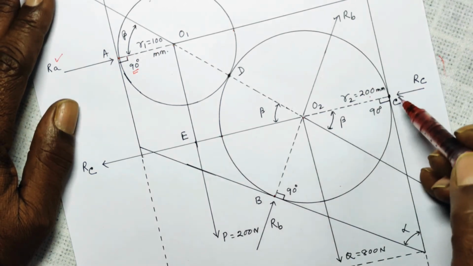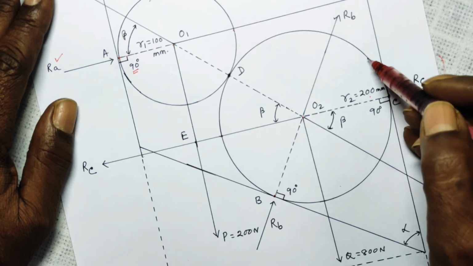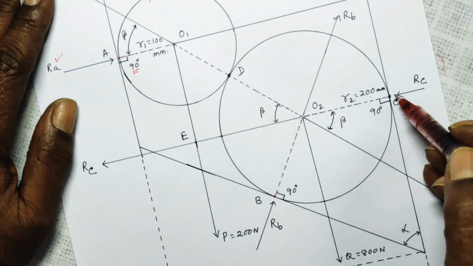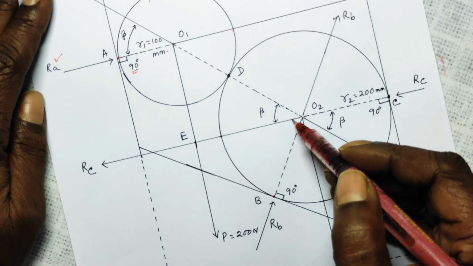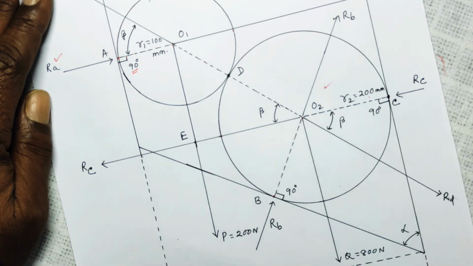Now look here, the reaction force RC, normal to the surface. This is a curved one, so this straight line is the normal. So RC is passing through this point and passing through the center O and is pointing to this side for this cylinder.